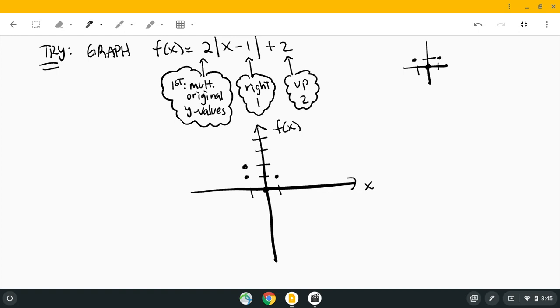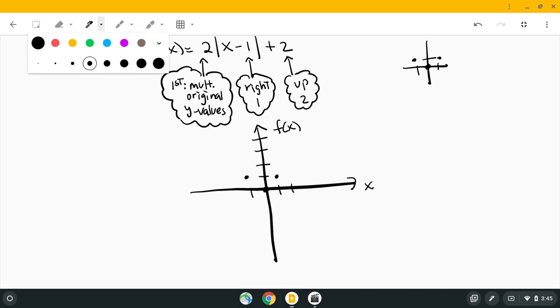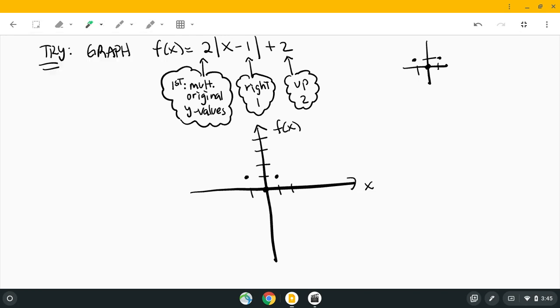Let me use a different color, green. Multiplying the y value, it goes to 2. Multiplying this y value, it stays 0. Multiplying this y value, this one has a y value of 1, 1 times 2 is 2. So now it has a y value of 2.